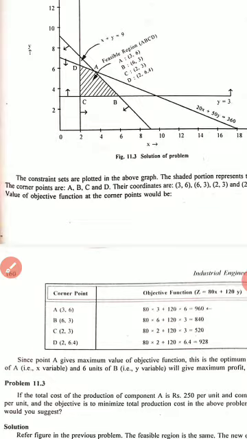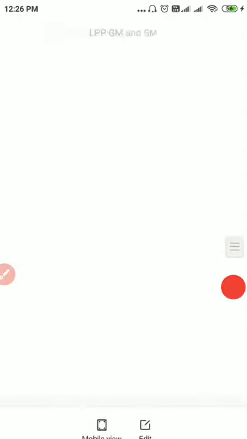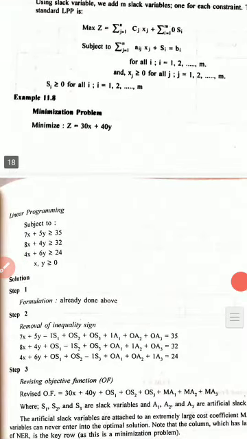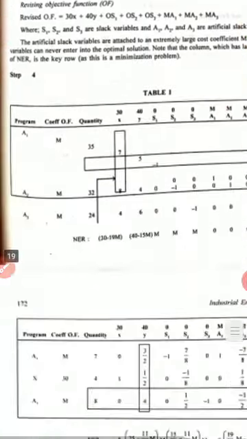But now I'm going to take one more numerical on this graphical method to get a more clear idea about this. So for that I will solve one unsolved numerical, and I will take the unsolved numerical from the same book.